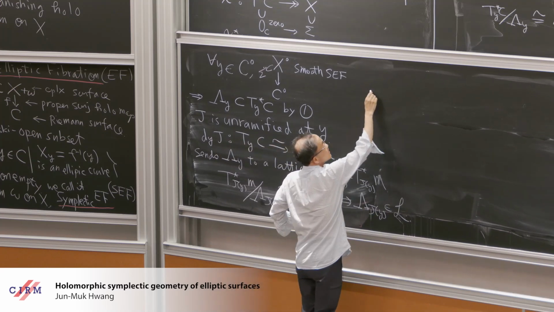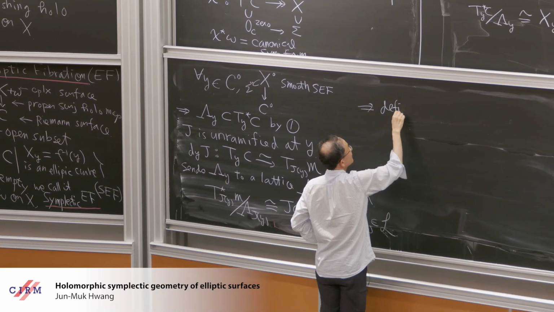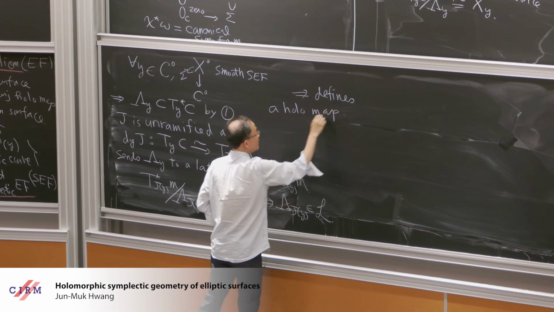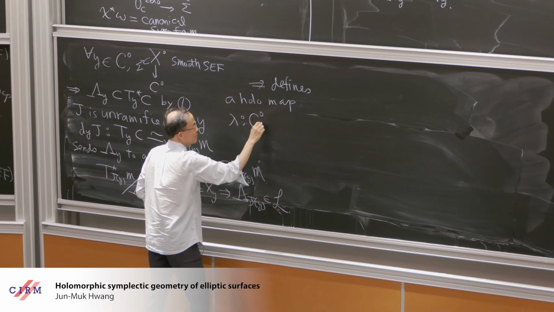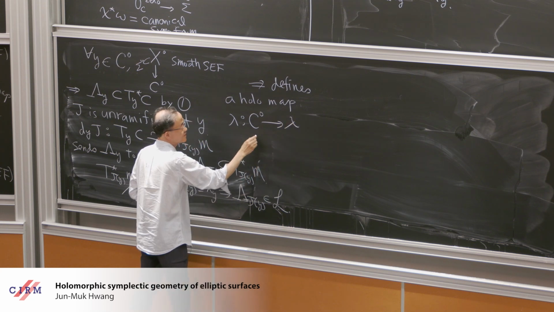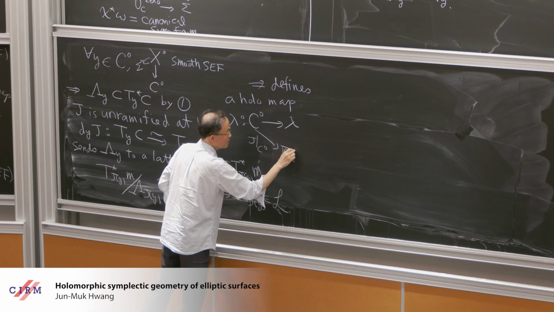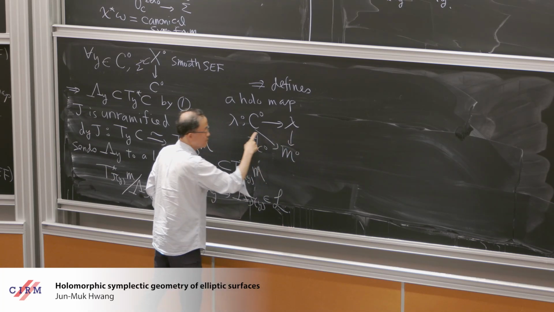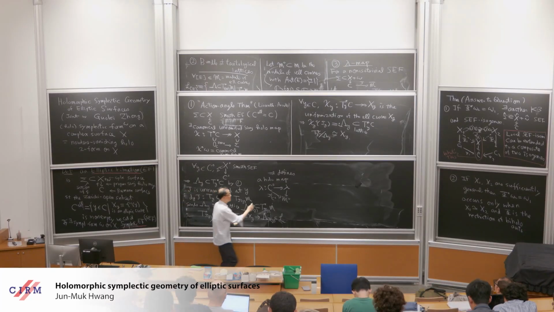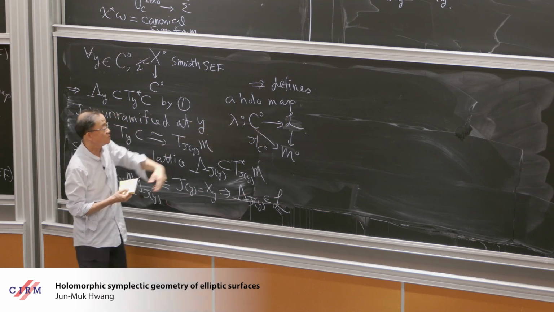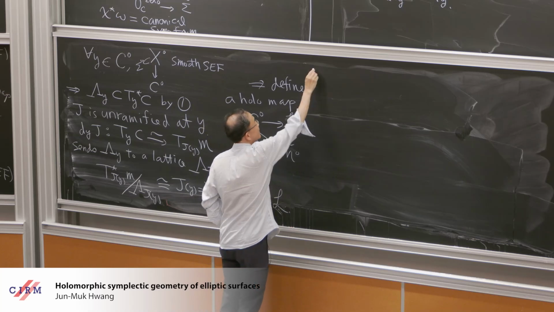So this defines a holomorphic map, which factorizes the J map. So you have a factorization of the J map through this bundle of tautological lattices, which is lambda. So I will call this the lambda map.